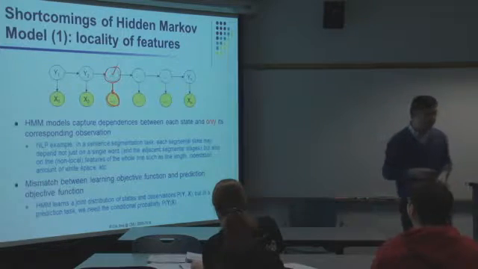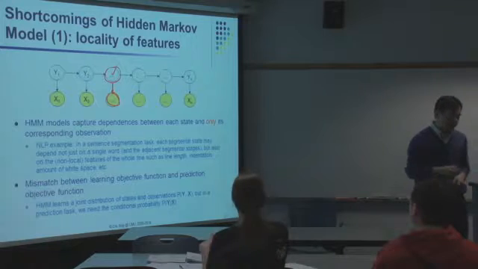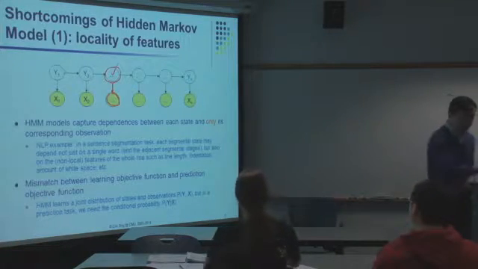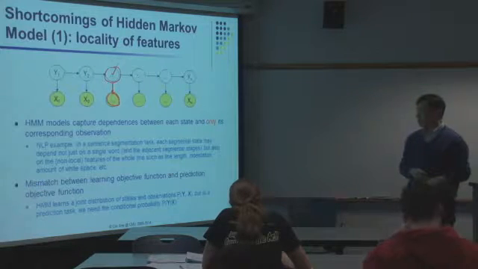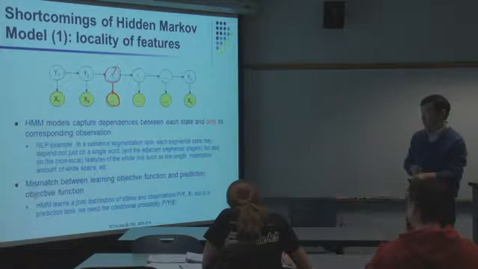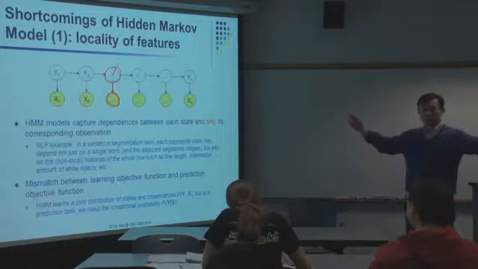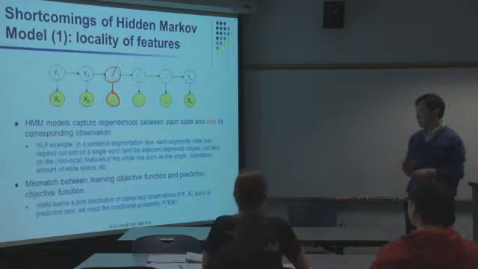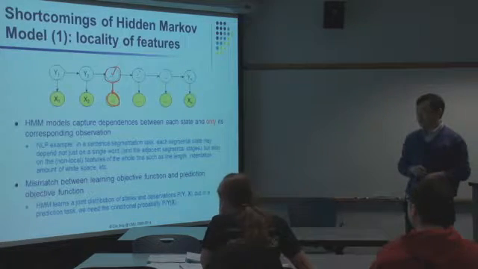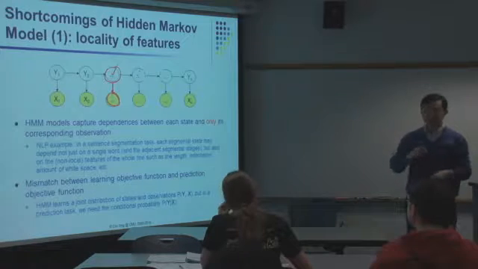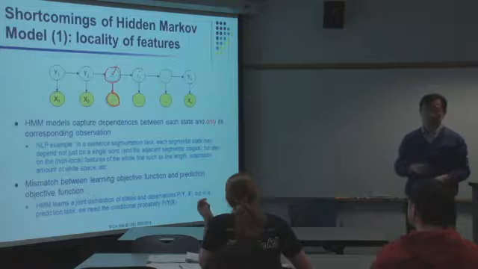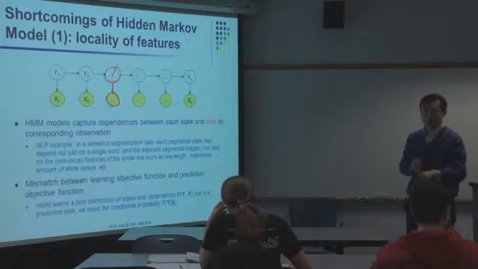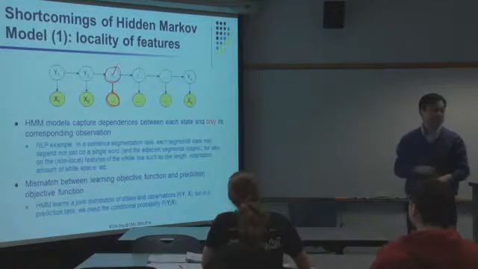But the truth is that people actually realized, even for NLP applications, that these hidden states very often depend on more than just local features. For example, there are some non-local features such as the whole length of the line, the indentation and the amount of white space, and whether a word is boldfaced or italicized. All of these could influence how you put a part of speech tag on these latent states, right?